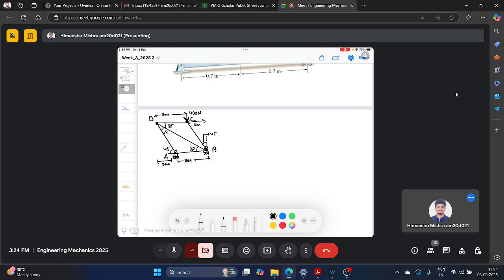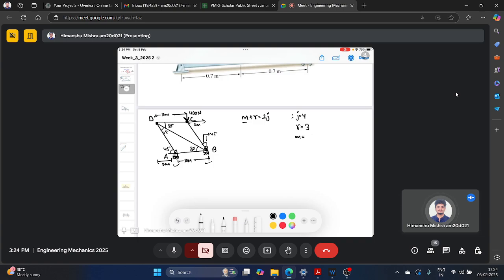For that, we have to use this equation. M is the member, R is the reaction forces, and J is the joint. You can see there are 4 joints in the truss, so J will be 4. And there are 3 reaction forces. You can see there is one roller joint and one pin joint. For the pin joint there will be 2 reaction forces, and for the roller joint there will be 1 reaction force, so it will be 3.